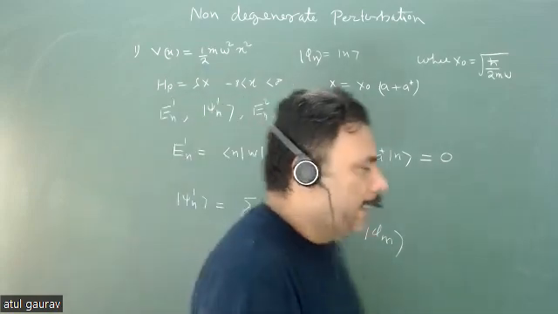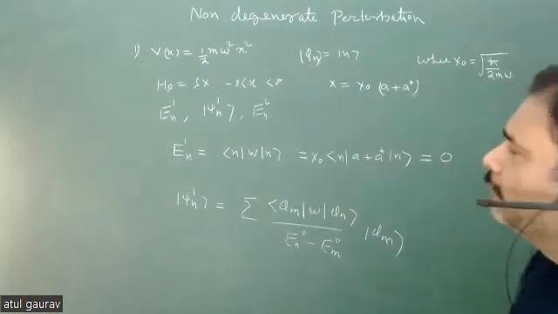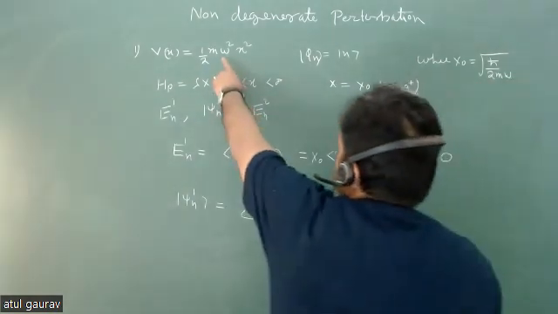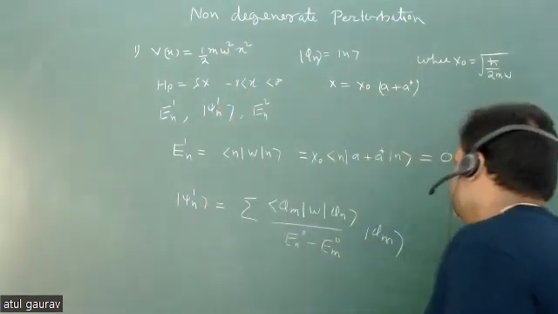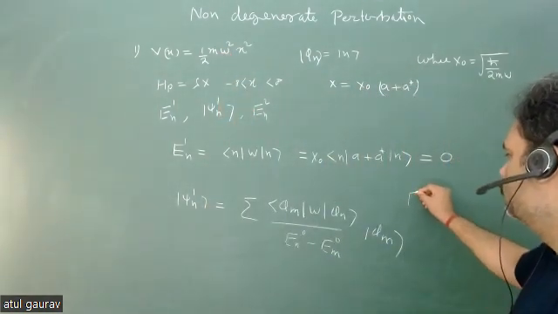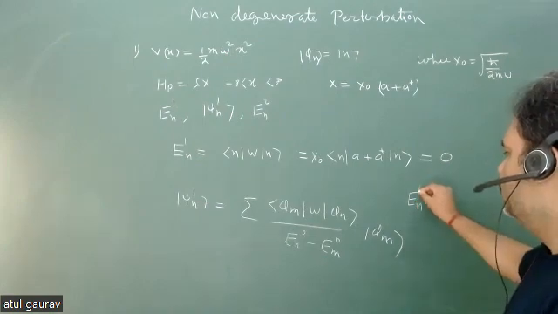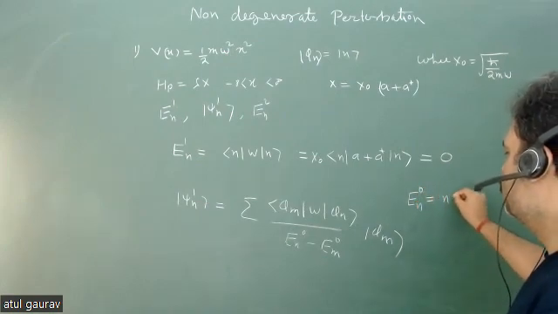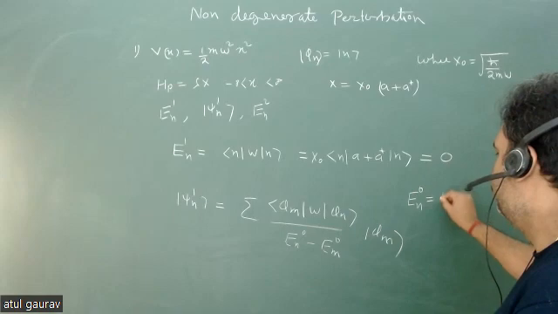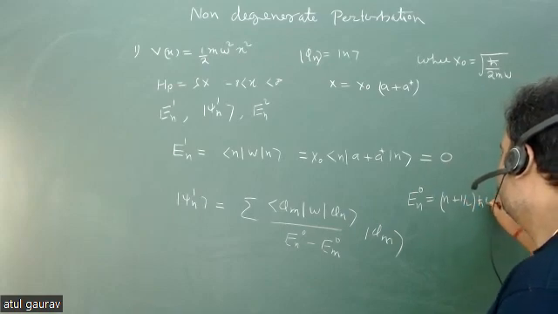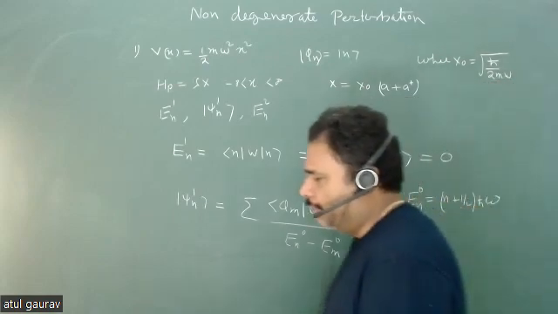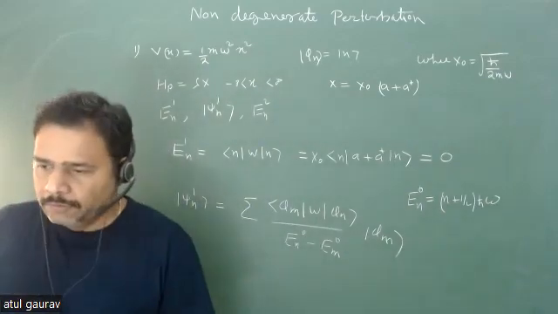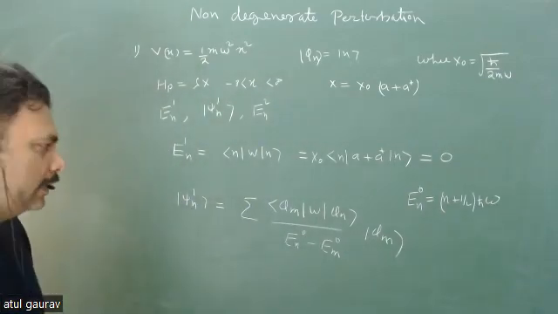And what is your En? En is the energy eigenvalue for the original Hamiltonian. The original Hamiltonian is nothing but the harmonic oscillator. So En0 is equal to (n plus half) h cut omega. So this is your energy eigenvalue.